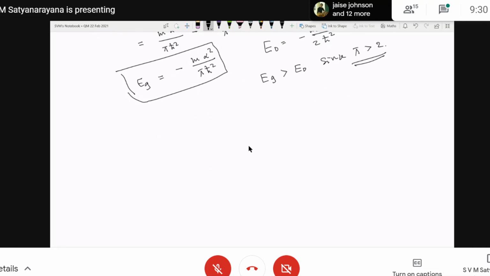Choose another trial wave function for the same problem, for this Dirac delta problem. If we take e to the power minus mod x, then yeah, correct. So I am now saying, you choose your psi tilde of x as some a into e to the power minus b mod x.